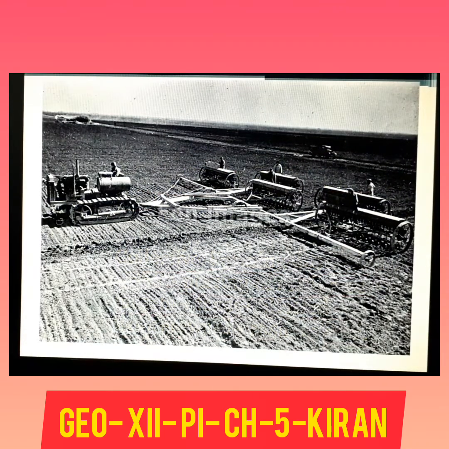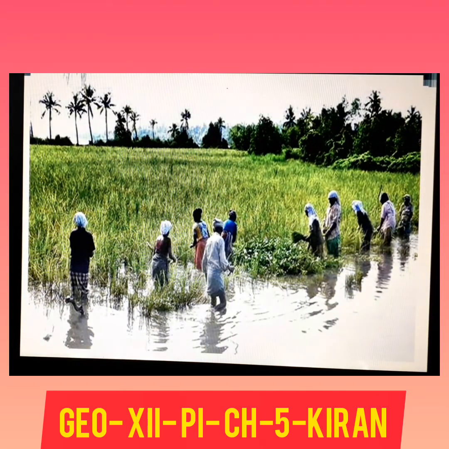You can see from this picture, it is a kolkhoz, the type of agriculture practiced in erstwhile Russia. There is no individual ownership, but the farmers have to work in government-allotted land with the targets. This is a picture of cooperative farming where all the farmers are working in the agricultural field.